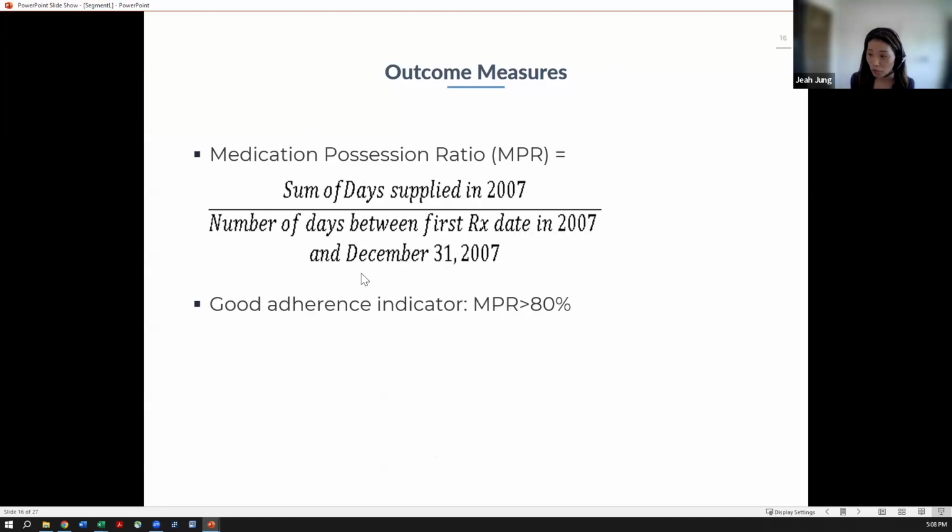In the numerator, I summed up all the days of supply in 2007. But because we already saw the oversupply issues, I constructed two measures: a continuous MPR measure, and a binary indicator representing good adherence, where I defined MPR as greater than 80%.